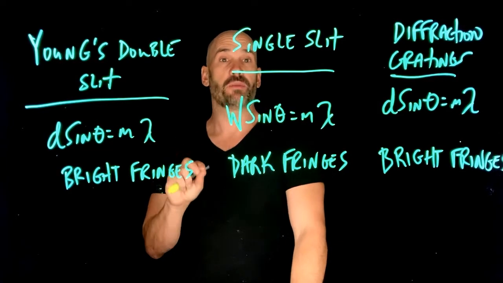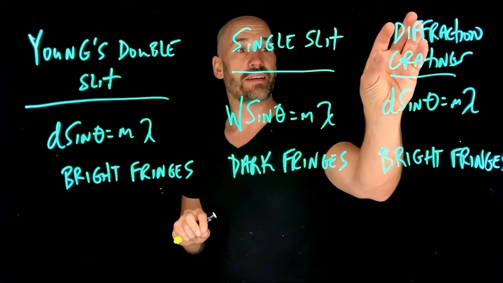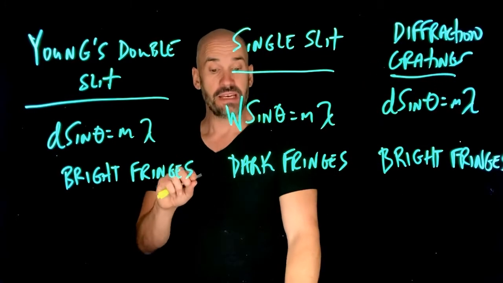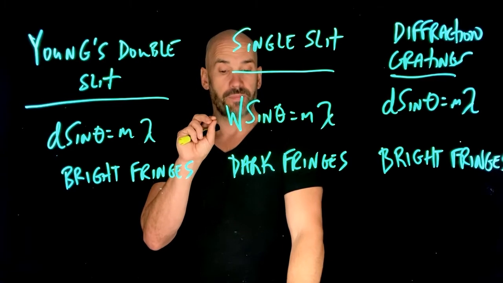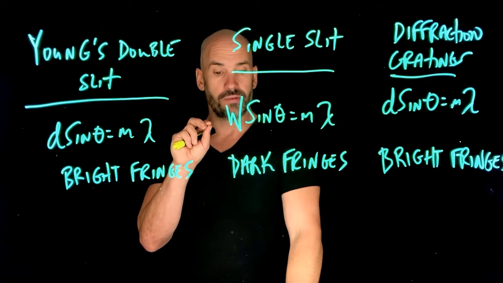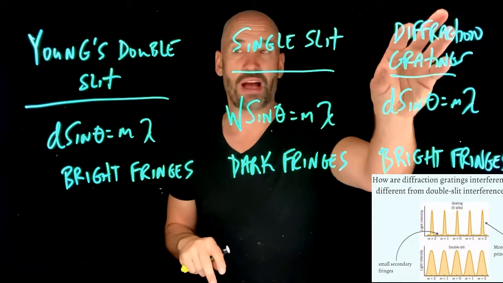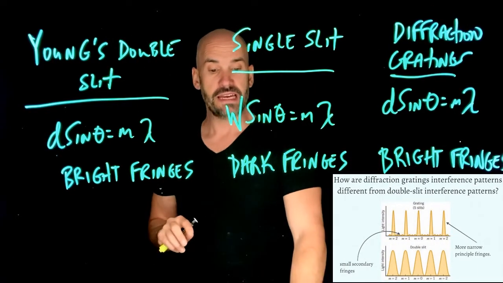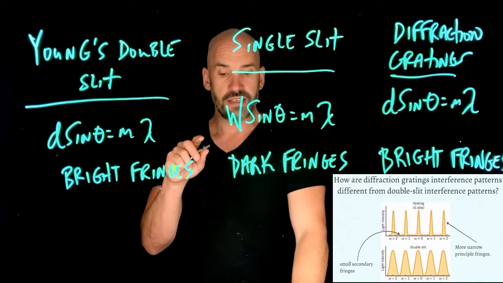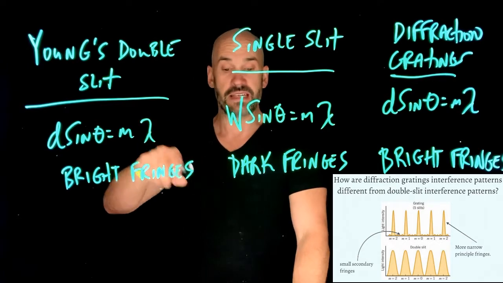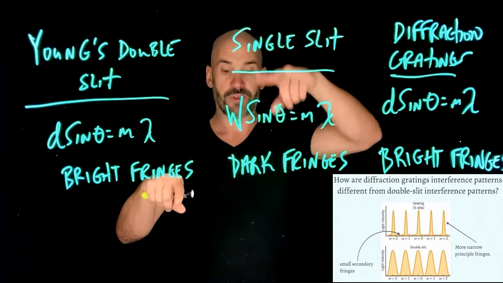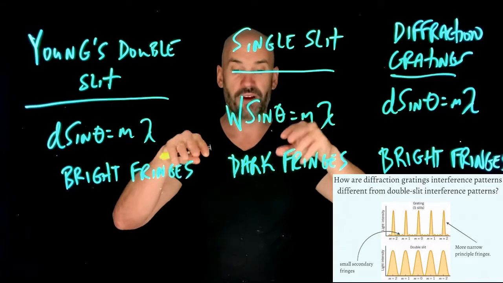One interesting difference between diffraction gratings and Young's double slit experiment is the light intensity. For double slit, the intensity is consistent for m equals 0, m equals 1, m equals 2.